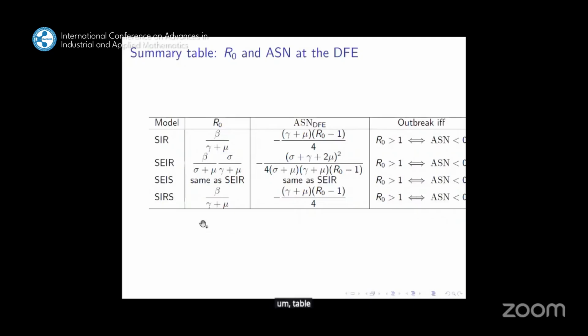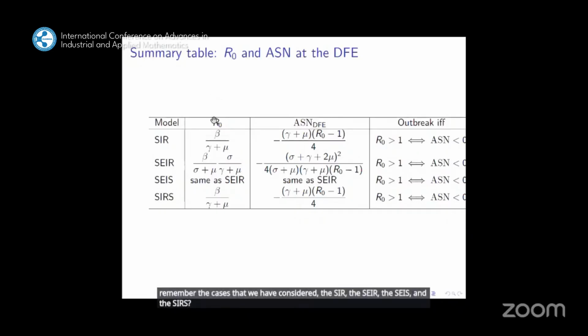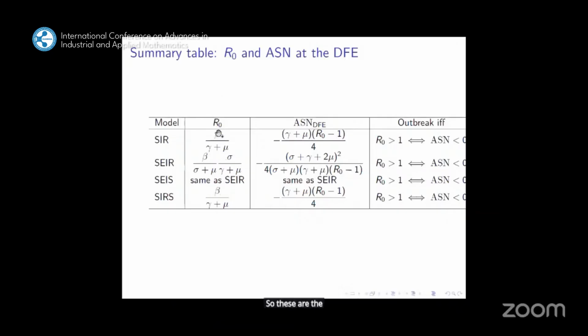All right, so we have this table here. Remember the cases that we have considered: the SIR, the SEIR, the SEIS, and the SIRS. So these are all well-known reproduction numbers. And the Atangana strength numbers associated to the SIR, which we just discussed, are given here. So the condition is that if R0 is greater than 1, then the Atangana strength number will be less than 0.